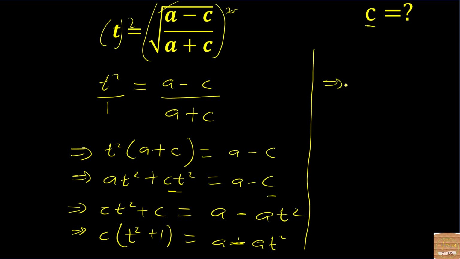So c will be a minus a t squared over t squared plus 1. Okay, so c is the subject of the expression.